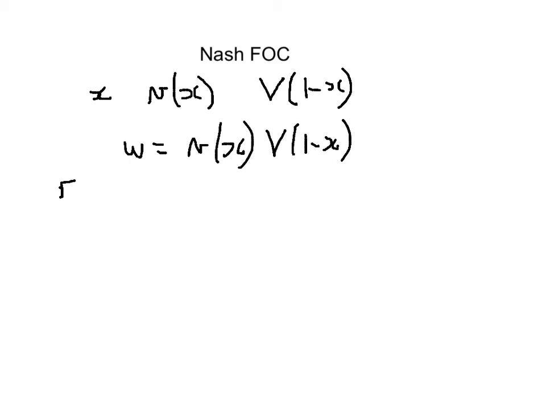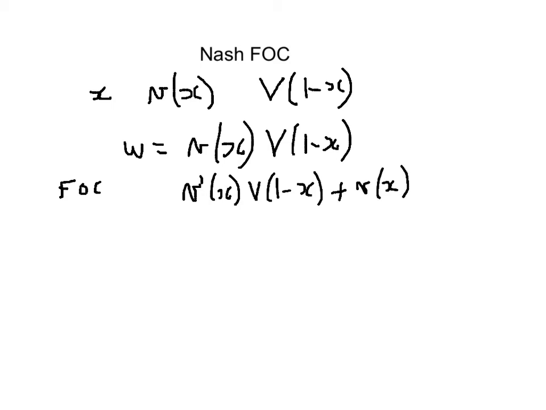If I take the first order condition, I get v prime times capital V plus v of X times capital V prime of 1 minus X times minus 1. Minus 1 because I simply apply the chain rule here. I take the derivative of what's inside capital V prime with respect to X, and that happens to be minus 1. And this here is equal to 0.